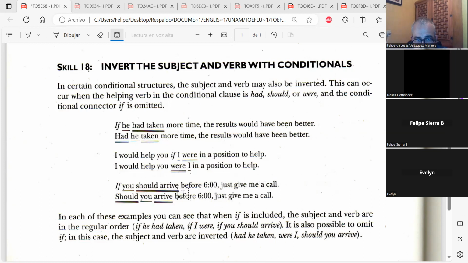Should you arrive before 6, just give me a call, okay? So subject verb inversion with conditionals is made with three auxiliaries: should for zero and first conditional, would and were for second conditional, and had for third conditional.